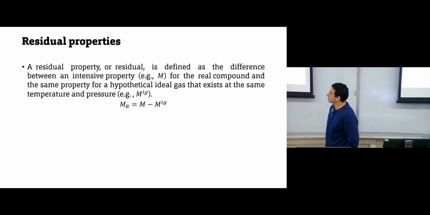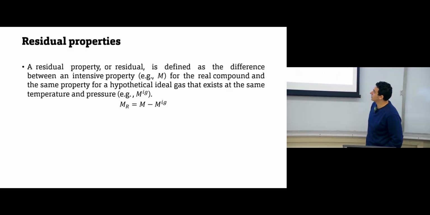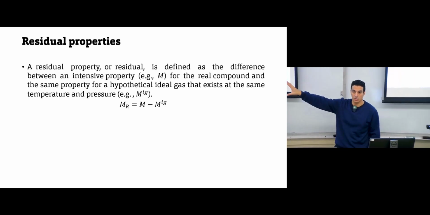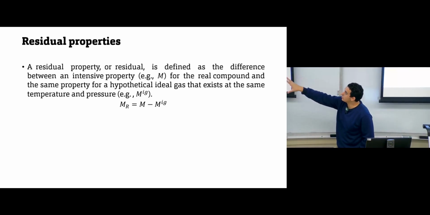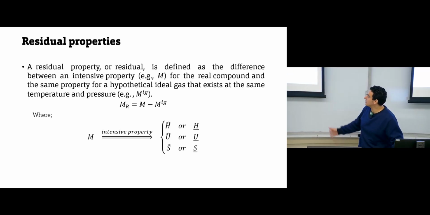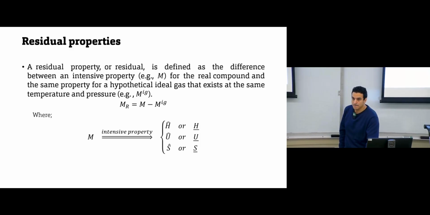So the residual property of any intensive property is the value of the intensive property for the real gas minus the value of the same intensive property if this gas is an ideal gas. Intensive properties, again, are specific or molar enthalpy, specific or molar internal energy, specific or molar entropy. So this is the definition of residual property.